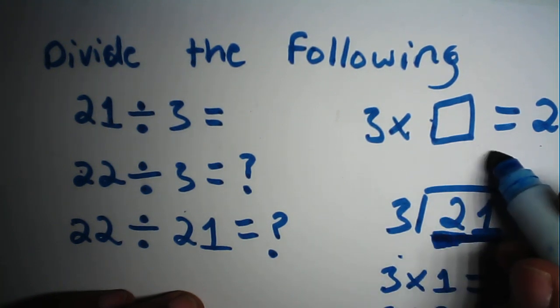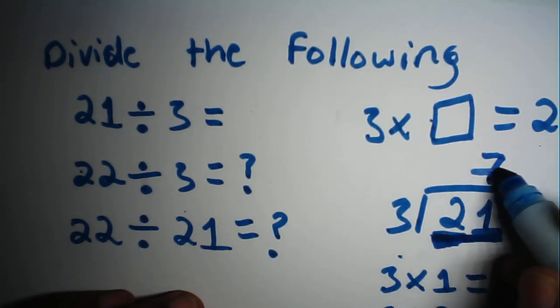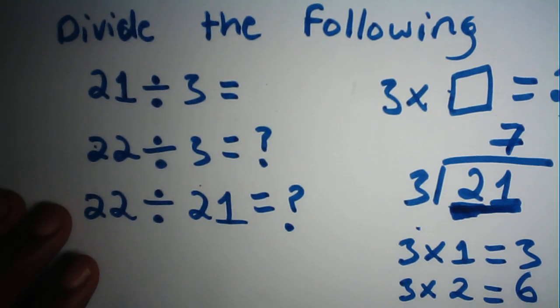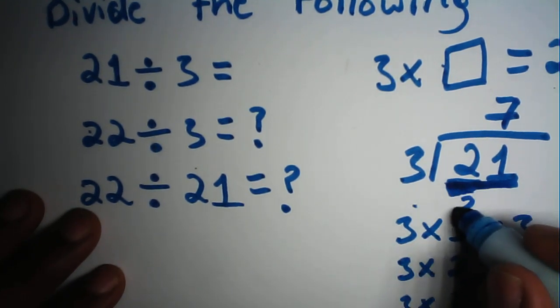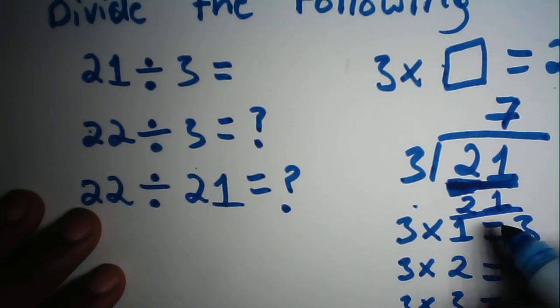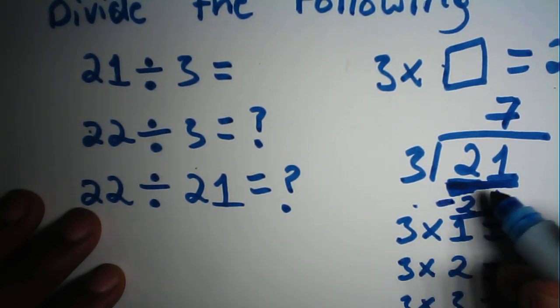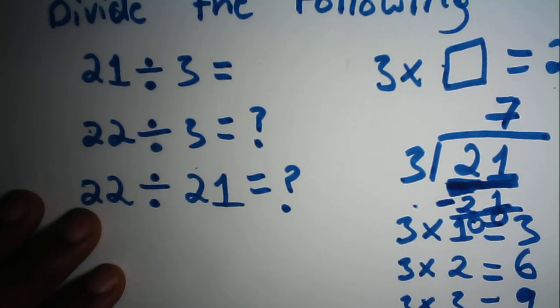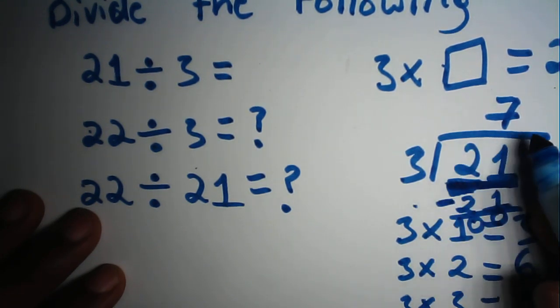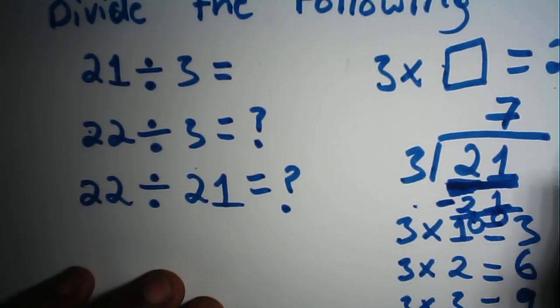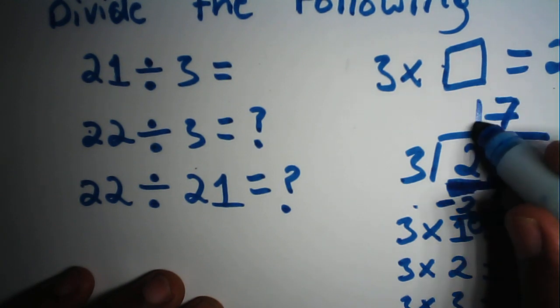Because that's 21, we write 7 up top. Knowing that 7 gives us 21, we write the 21 under it. After that, we subtract, so that would be 0. The answer would be just 7.